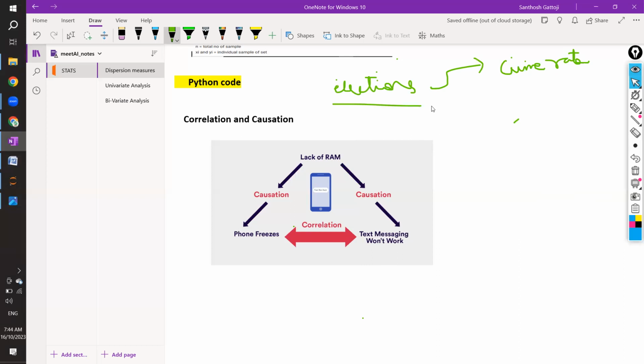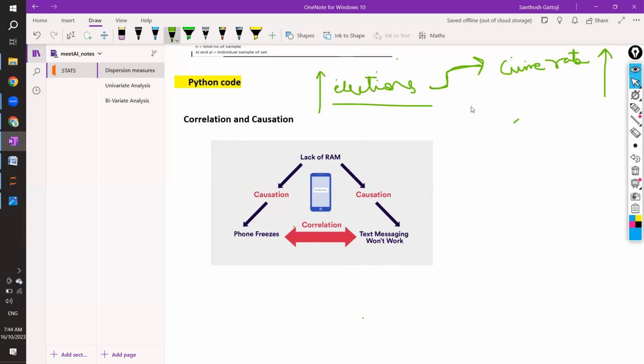During elections time, you can see an increase in the crime rate, guys. Agree? Let me go step by step. Do you agree? During elections times there might be some increase in the crime rate? Yes, sir. What type of crime rate, Sirisha? Corruption. Corruption, correct. We have seen so much black money got caught here and there. Now that means what? Election is just causing the crime rate to increase.